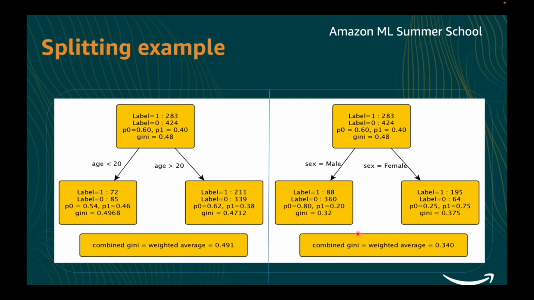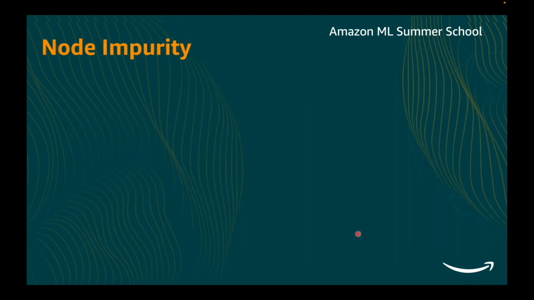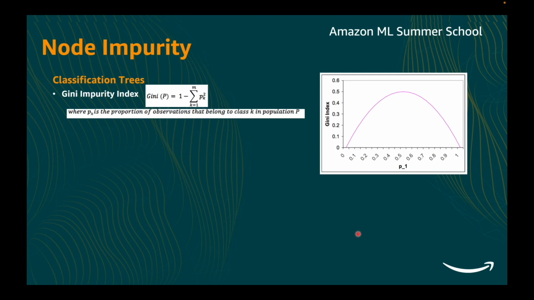So now let's talk a little bit about what this Gini impurity value is. The idea is that for a particular node, we've selected some splitting criteria and moved examples into the left and right subtree.